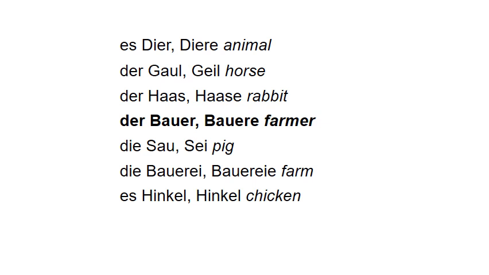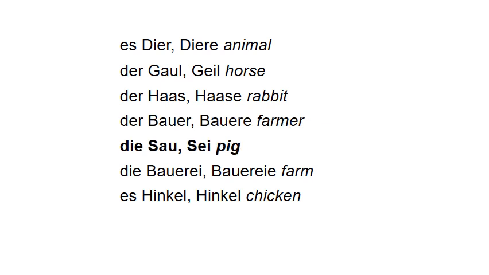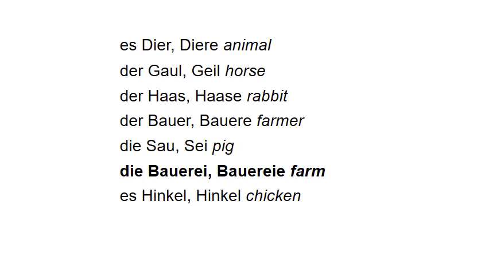De bouwer, bouwere. Pig, die sow, saai. Die sow, saai. Our farm is die bouwerij. In this case, the U almost gets pronounced like a V. Die bouwerij, bouwerijen.